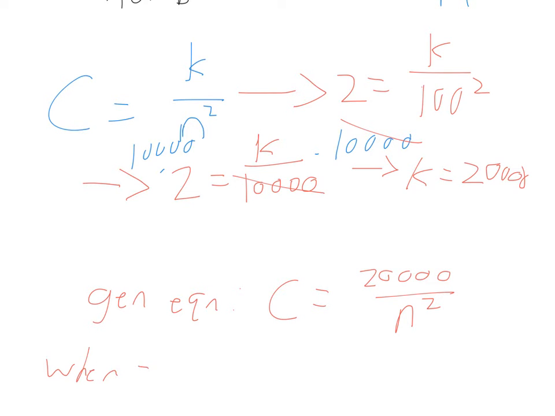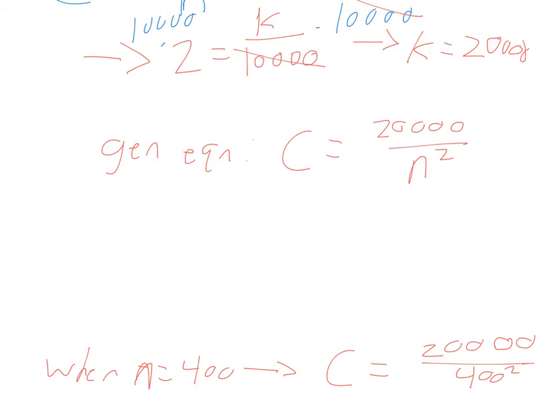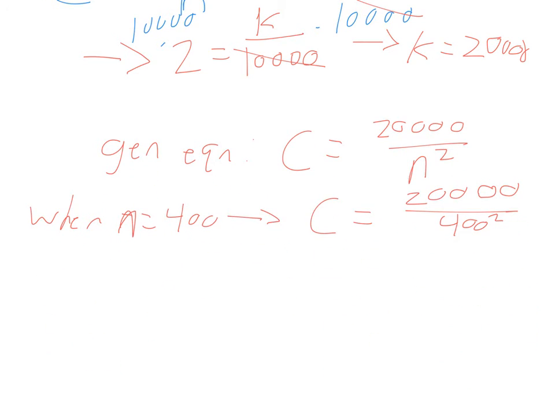So when n equals 400, we have C is equal to 20,000 divided by 400 squared. Then 400 squared would be 160,000.